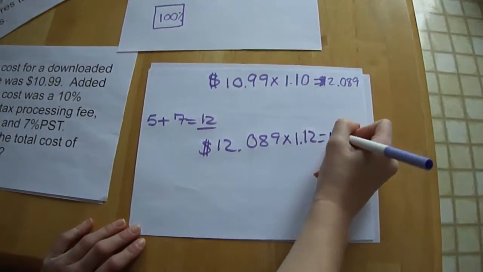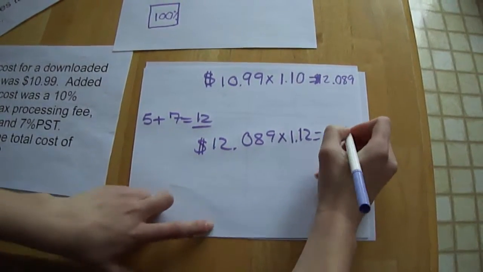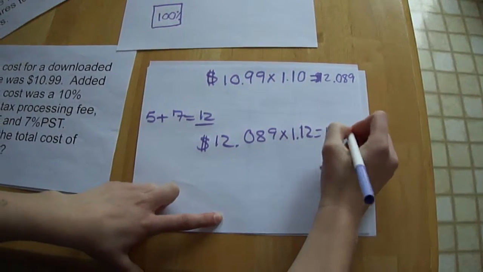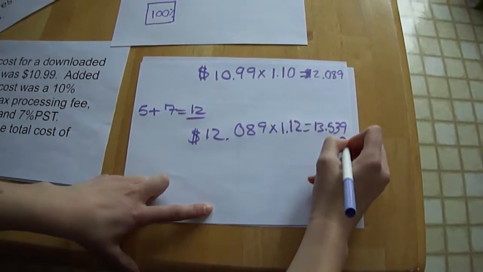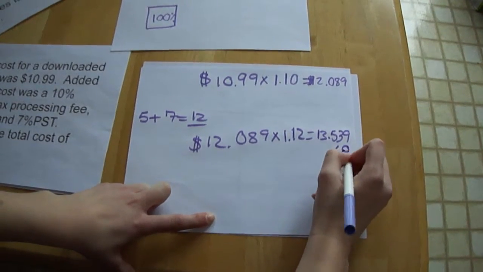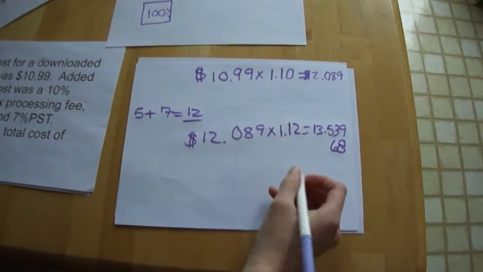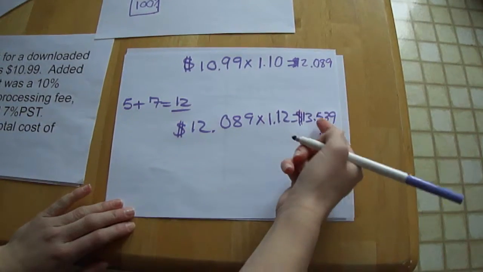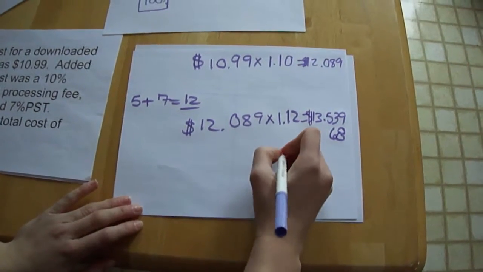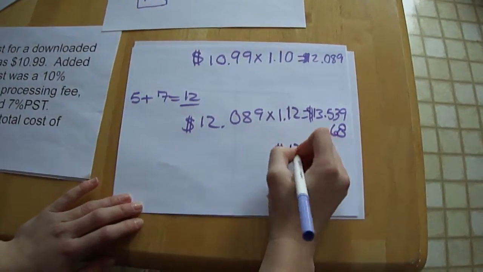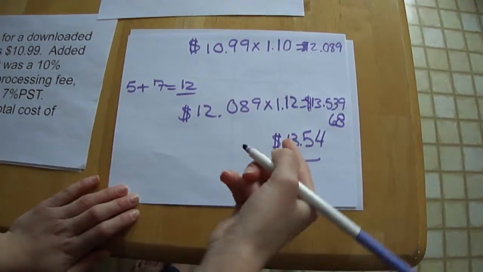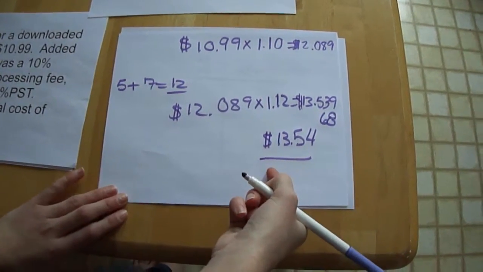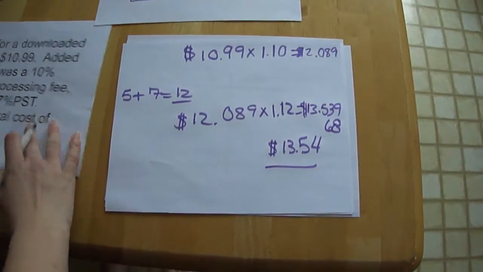And I get 13.53968, and I'm going to round this one up because that would be a really small penny, to get $13.54. That would be the cost of your game with taxes and the processing fee.